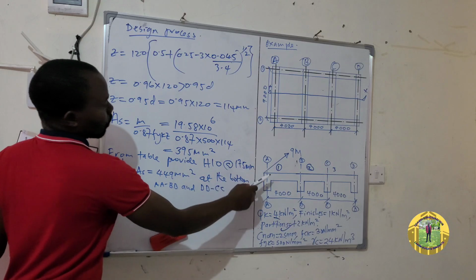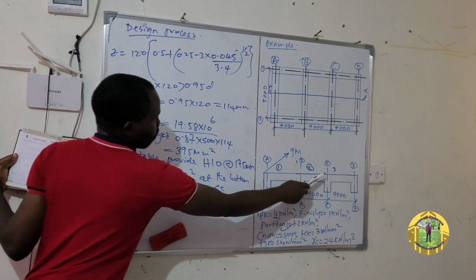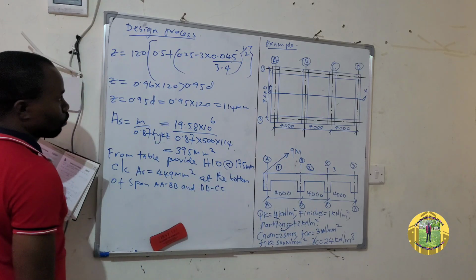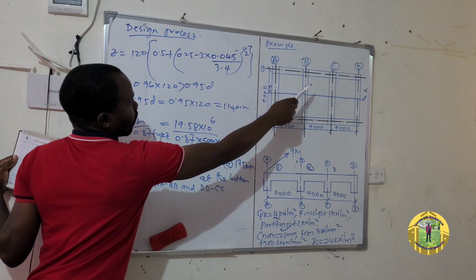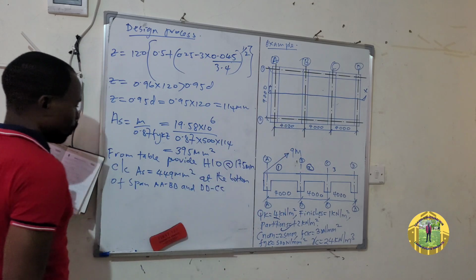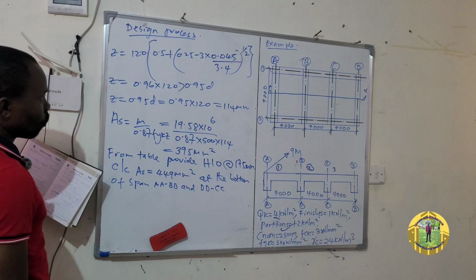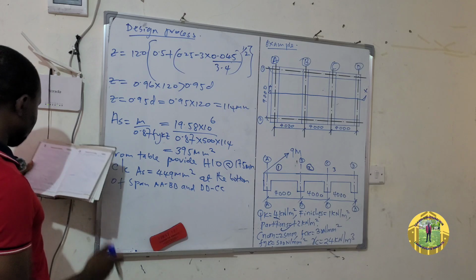So this span from here to here and from here to here, it has positive moments, the same as from here to here on the plan, and from C to D. Those, they have positive moments.